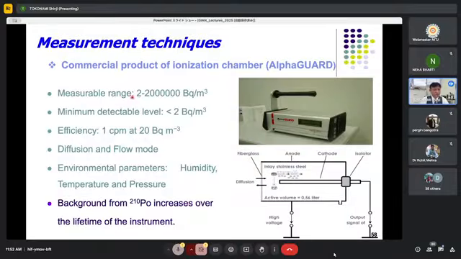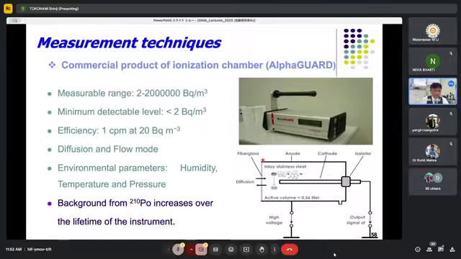Measurable range is 2 to 2 million becquerel per cubic meter. Minimum detectable level is less than 2 becquerel per cubic meter. Efficiency 1 ppm at 20 becquerel per cubic meter. We can choose the diffusion mode and flow mode.